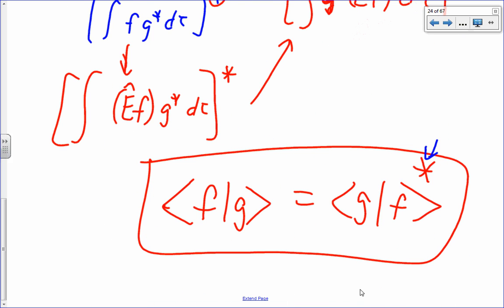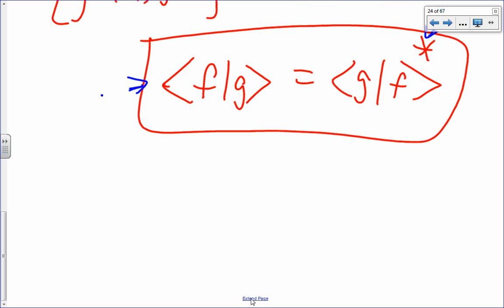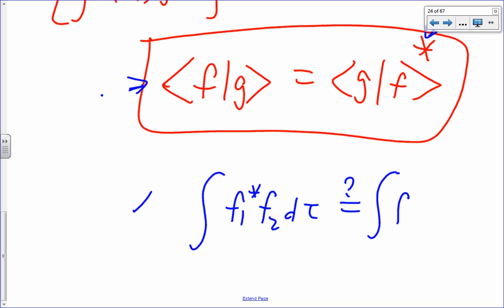So this expression right here basically says that the identity operator is a Hermitian operator. So if I were to ask you, what's the integral of, let's say, f1 star f2 d tau, okay, is that equal to integral of f2 star f1 d tau? No. What would make them equal?